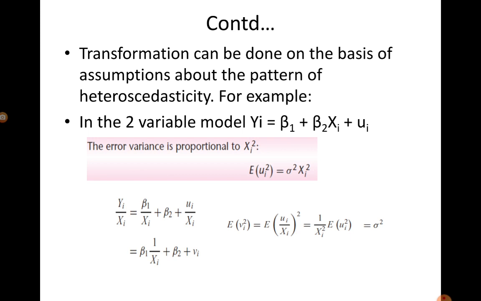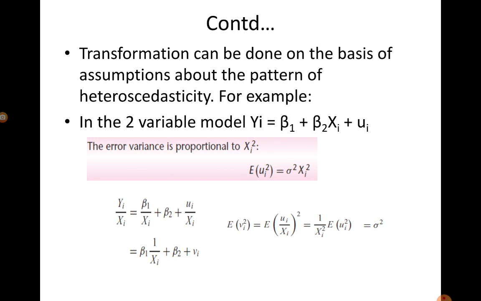The first assumption that we discuss is: suppose we have prior knowledge or prior suspicion that the error variance is proportional to xi square. That means the expectation of ui square, which gives the variance, is equal to sigma square times xi square. So it is directly proportional to xi square.